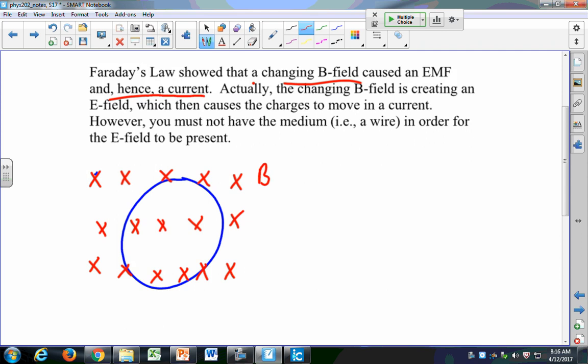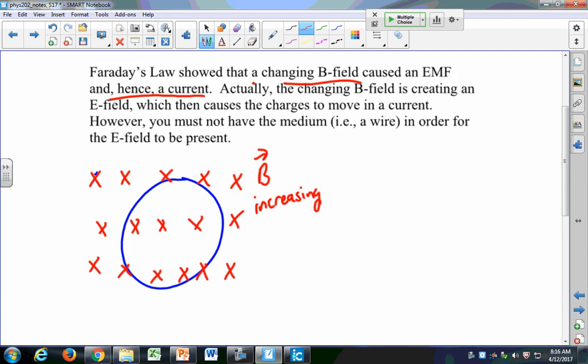This is my magnetic field, and the magnitude of the magnetic field is increasing. Because I have a changing magnetic flux, it's going to cause a magnetic field induced by that coil of wire.